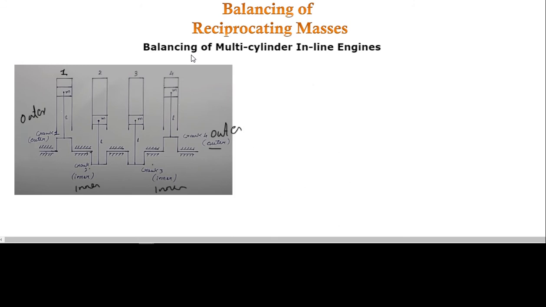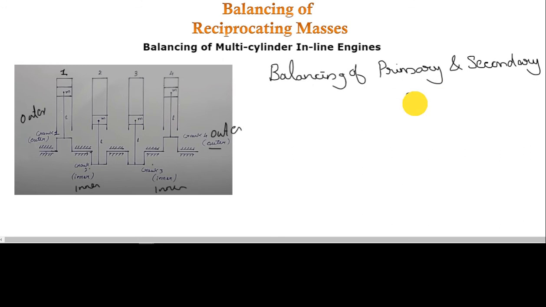That means, if you remember from the last lecture, we need to balance primary as well as secondary forces, and since they are acting on different planes, there will be couples associated with the forces. So we need to balance primary and secondary forces and couples. It is not partial balancing, again it is complete balancing. In inline engines it is complete balancing.